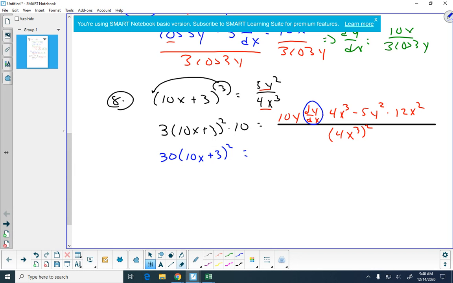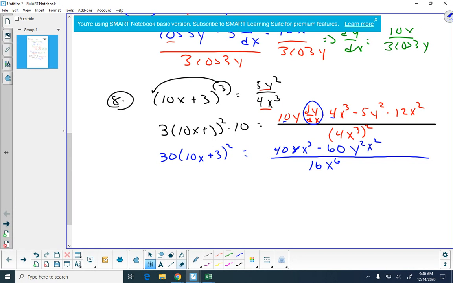On the right-hand side, we can combine the 4 and the 10 to give me 40yx cubed minus 60y squared x squared, over 16x to the 6th.